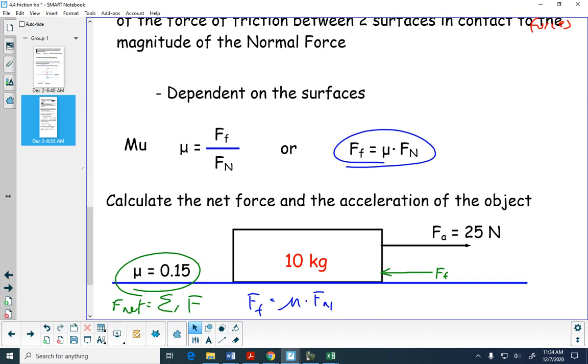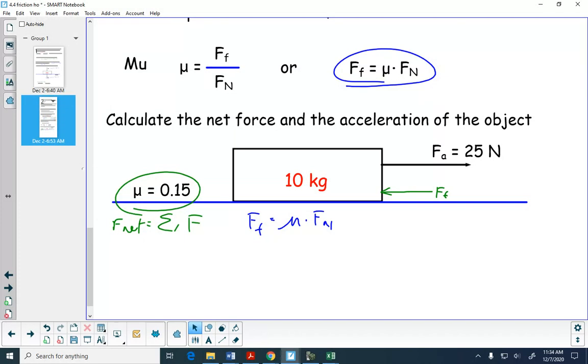Would it be the mass times acceleration? That's exactly correct, because we have a weight that is our force of gravity going downwards. Our normal force is the force pushing back up from the surface. So our weight is pulling it downwards, and our normal force is pushing it upwards.